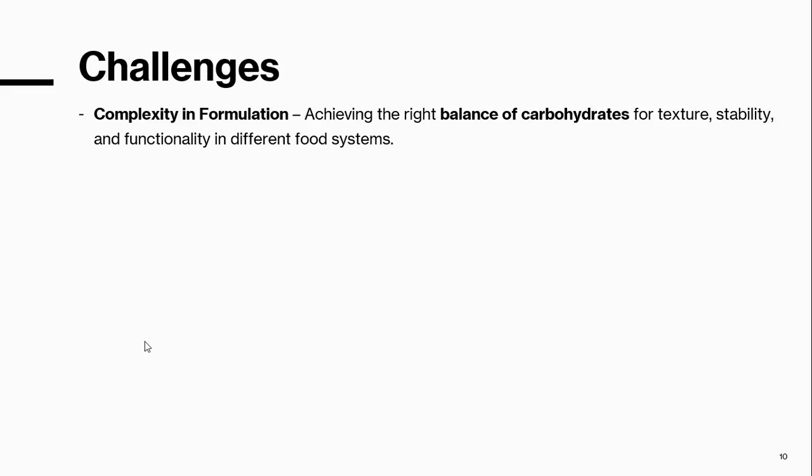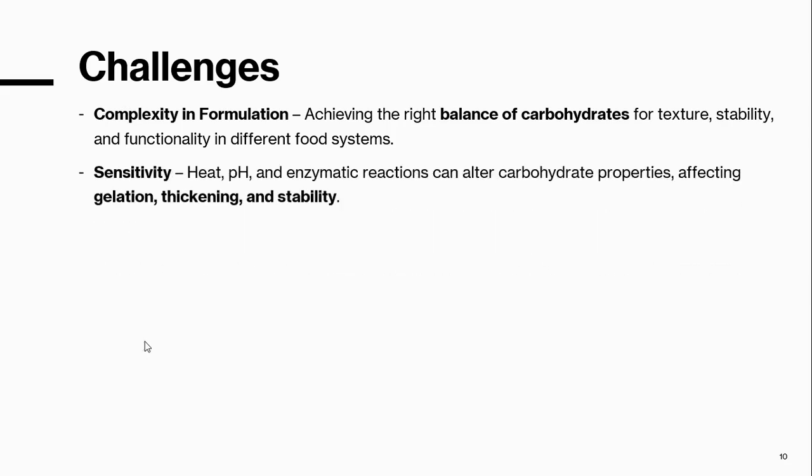Now let us see the challenges. Achieving the right balance of carbohydrates for texture, stability, and functionality in different food systems poses challenges in formulation. And some of the carbohydrates are sensitive.